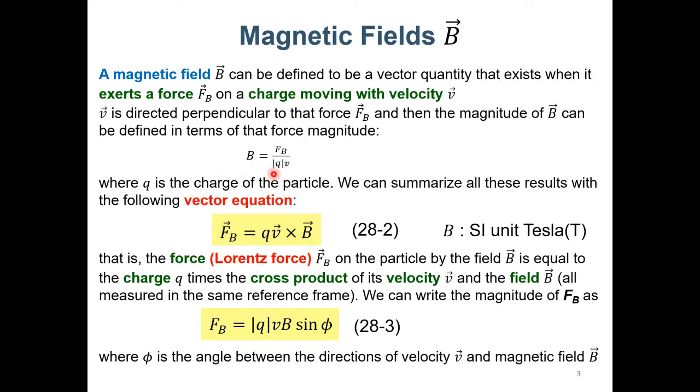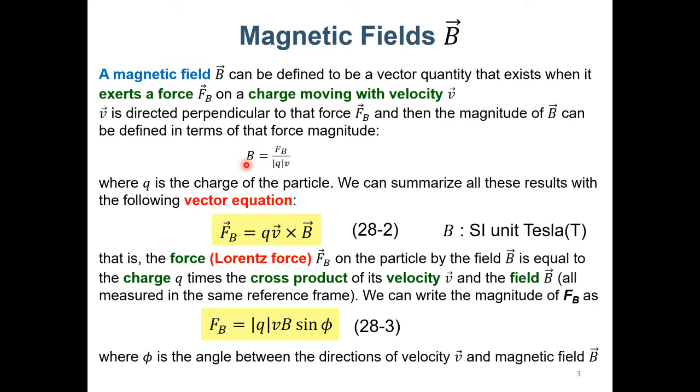So here, when we ignore the direction, we have B equals Fb over |Q|v. We only consider the magnitude, so we take the absolute value of Q here. So this is the magnitude of the B field.